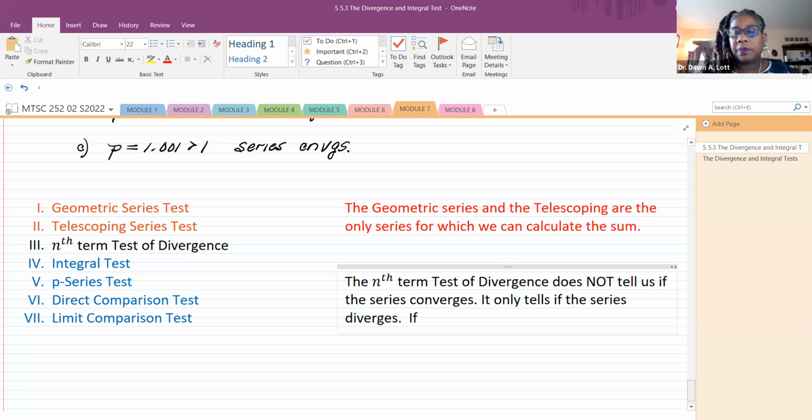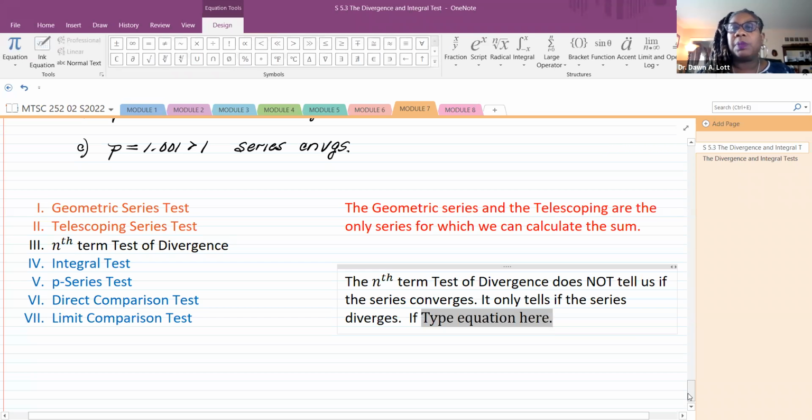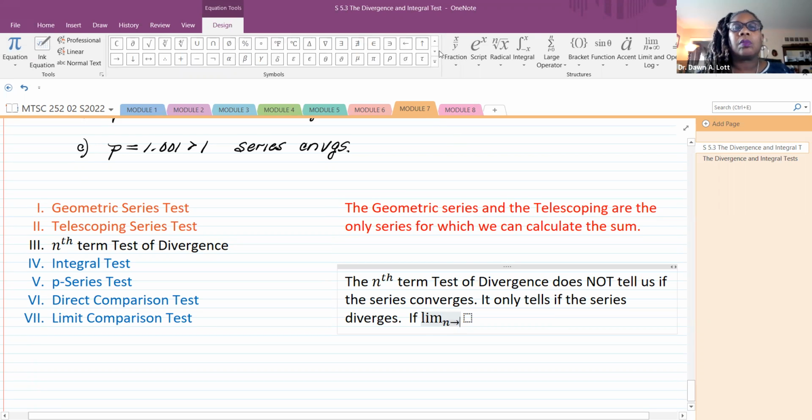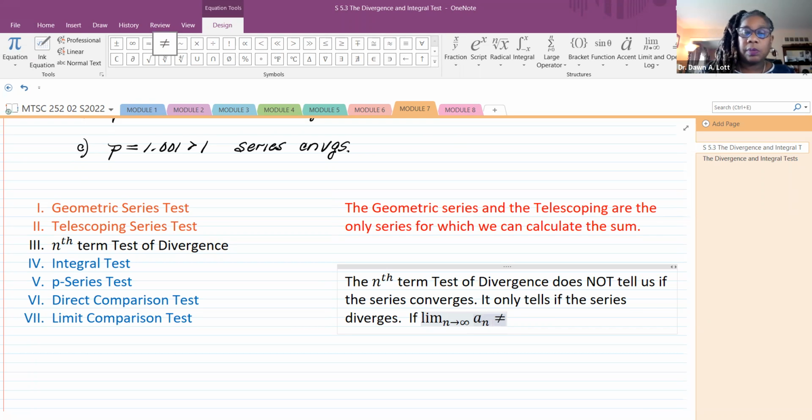So if the limit as n goes to infinity of a_n is not equal to 0.